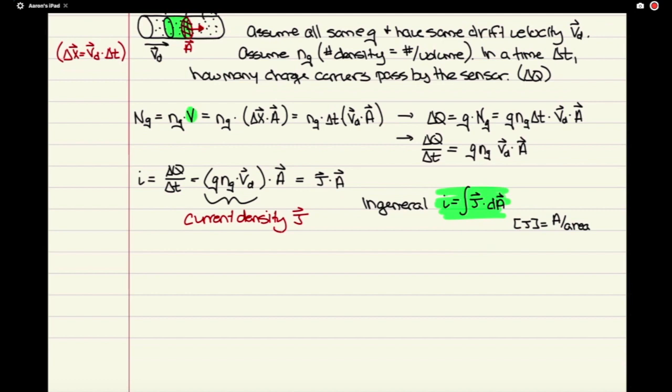And you could even try to work it out for yourself. You might make an approximation of a cylindrical wire and use the 3 sensors that I used above. 2 were vertical and 1 was at an angle, and maybe estimate that angle is 30 degrees, and you can show that this dot product would give you the same value of current in each case.